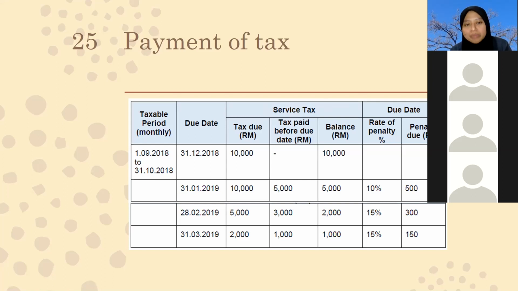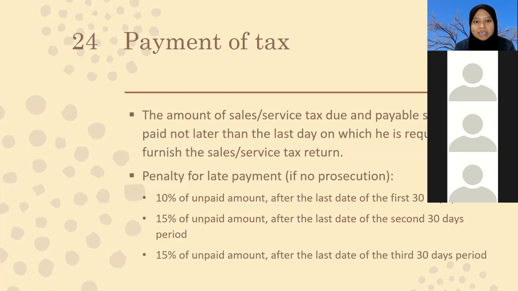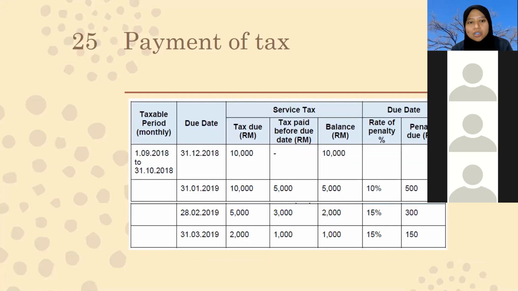Okay, so payment should have been made by 30th November, but then they said here 10% of unpaid amount after the last date of the first 30 days period. So from 30th November, they give another 30 days to pay. So up to 31st December, there will be no penalty.